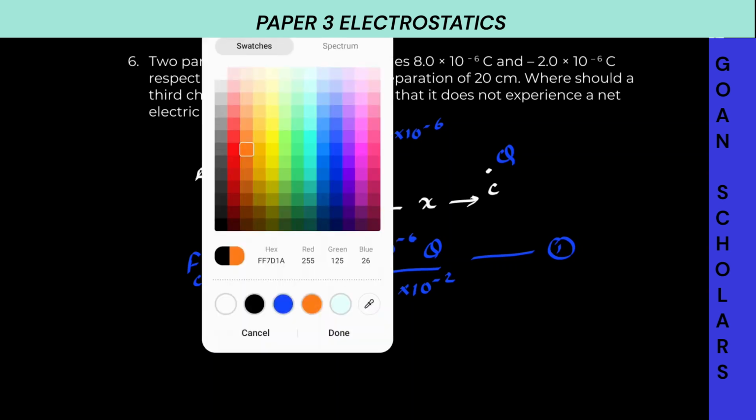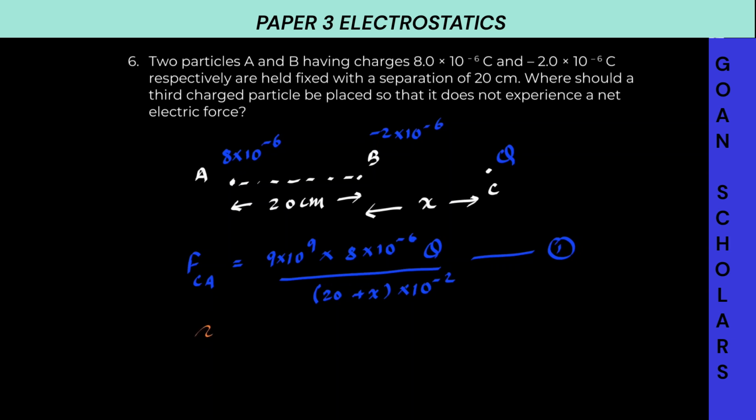Now let's figure out the force on C due to B. That will be equal to 9 × 10^9 into the charge at B, 2 × 10^-6.